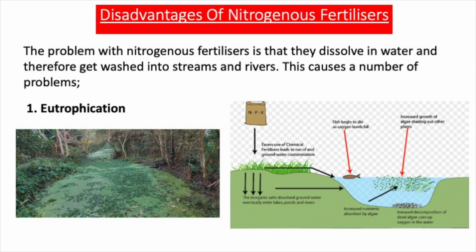Now if the lower plants die, bacteria will feed on them, and these bacteria will remove oxygen from the water. The result is that fish will die, and the whole food web is disrupted. So that's why eutrophication is a major environmental problem caused by the use of nitrogenous fertilizers.